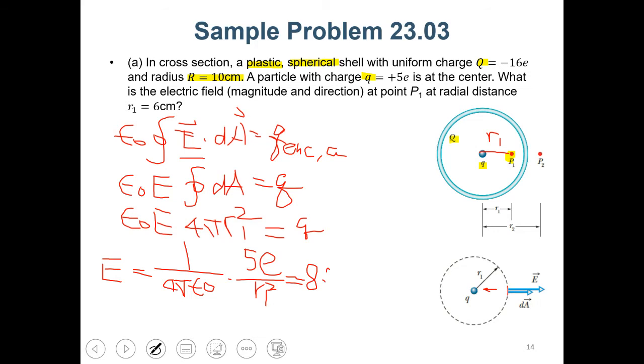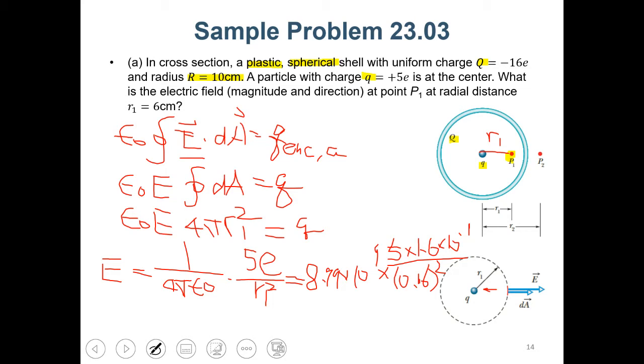So we can substitute all the numbers in it. We have 8.99 times 10 to the 9, times 5 times 1.6 times 10 to the minus 19, over R1, which is 6 centimeters, so 0.06 squared.